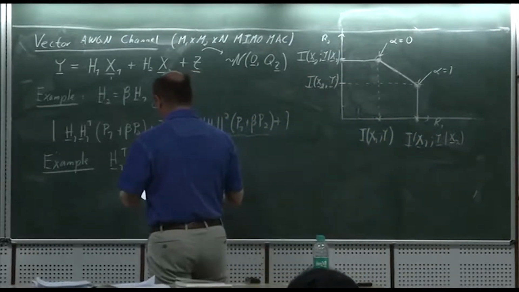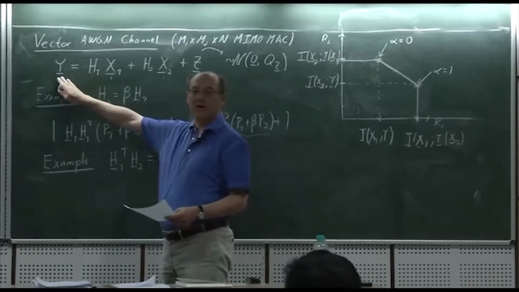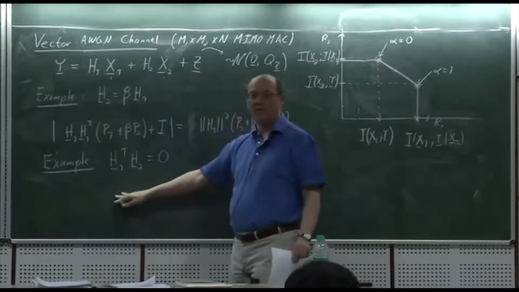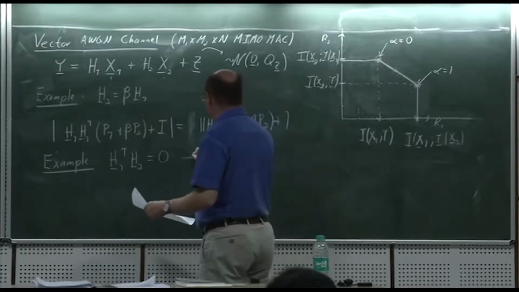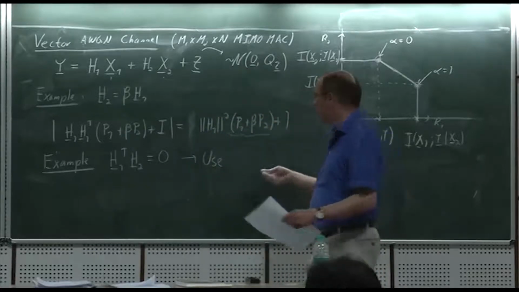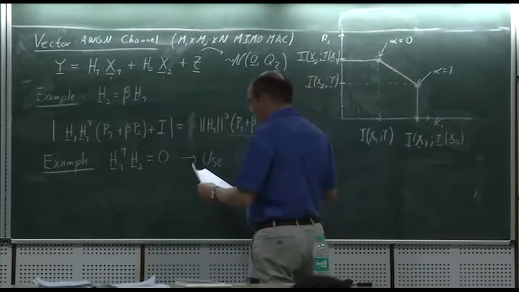And what I'm going to do is something very simple. I'm just going to use a post-processing of Y using this orthogonal matrix with H1 in one row and H2 in another. So what we do is we use an equalizer at the receiver, it's just a linear equalization.